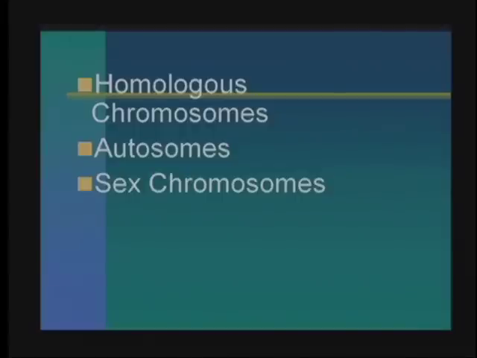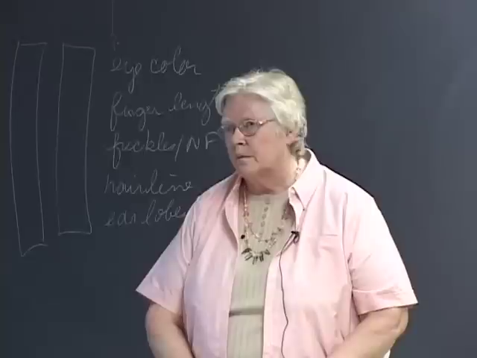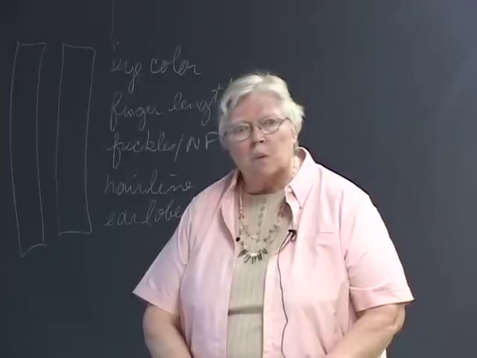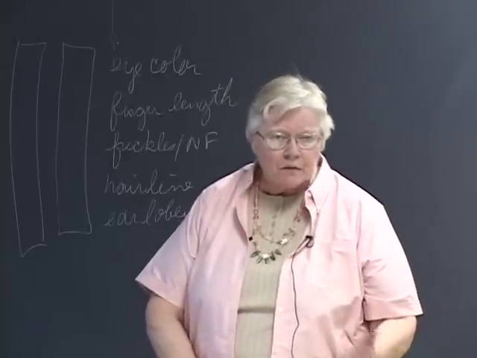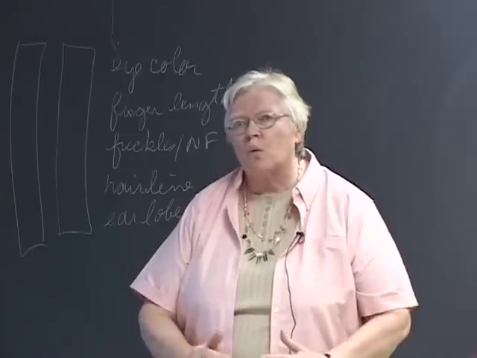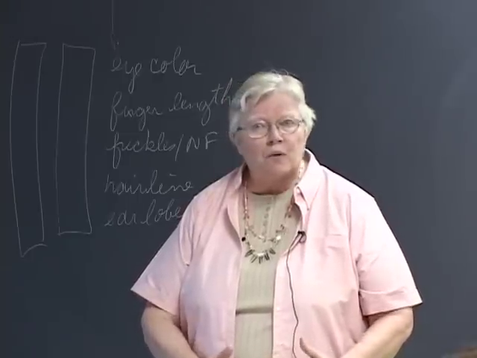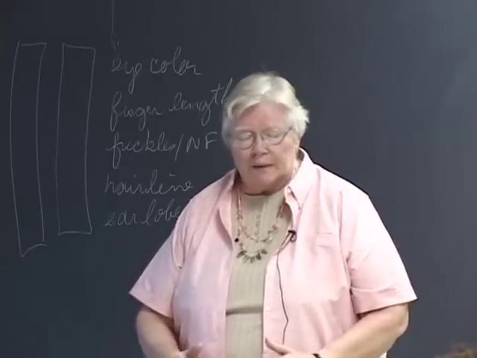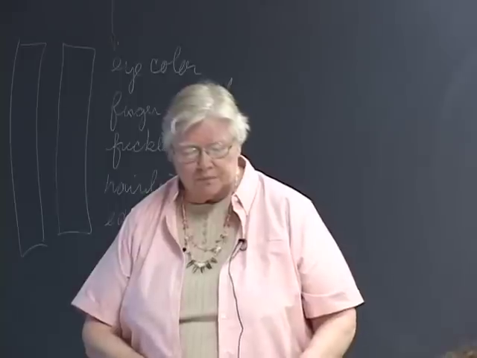So the autosomes are the non-sex chromosomes. Typically, the autosomes have a lot more information on them than the sex chromosomes do. We will talk after a while about what happens if we're missing a chromosome. And being short an autosome is much more devastating than being short a sex chromosome.